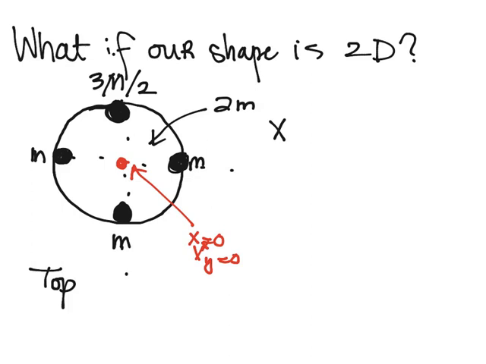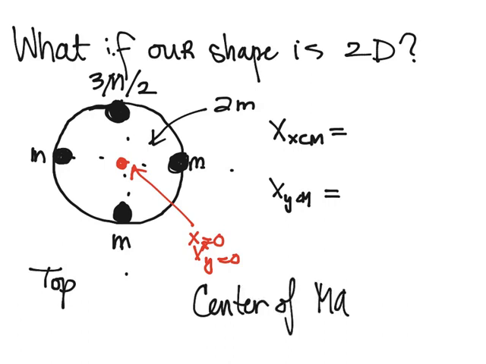So, if you wanted xxcm, okay, the side-to-side center of mass, you could also find xycm, the up and down center of mass, and then your actual center of mass would be a set of coordinates xx, xy.